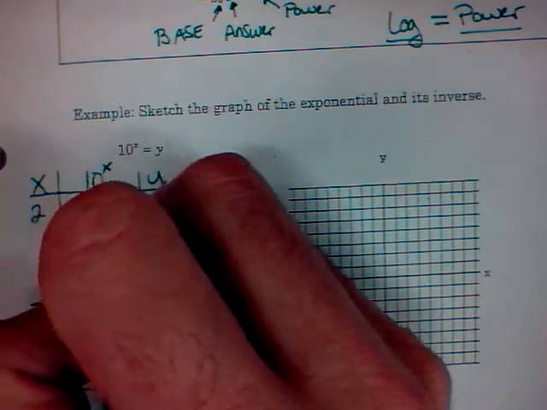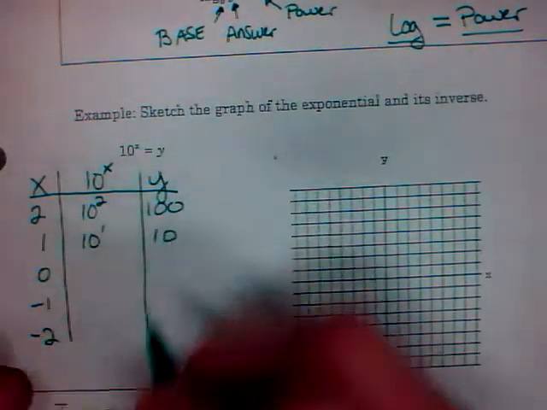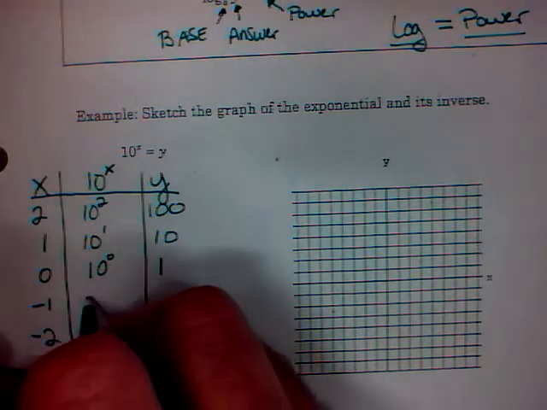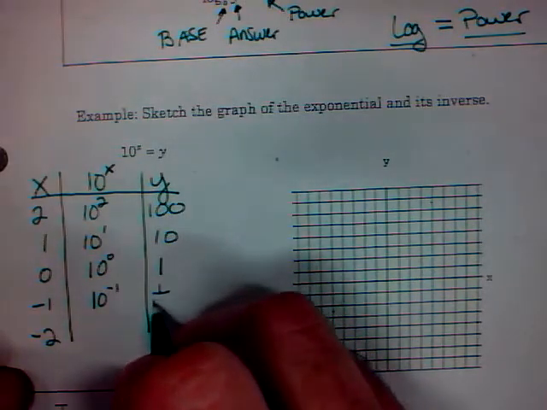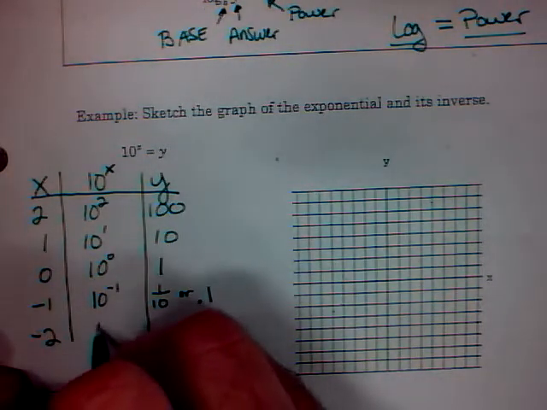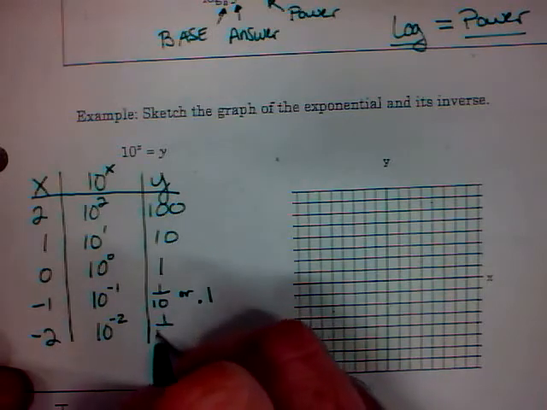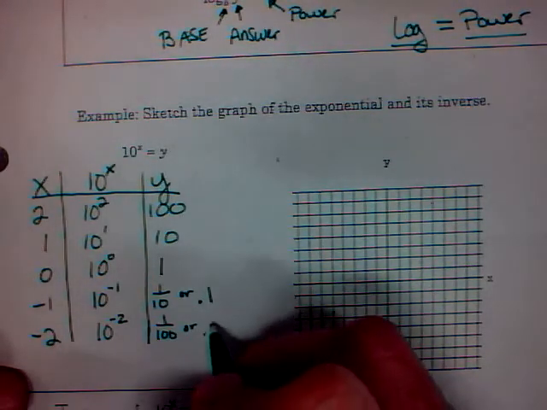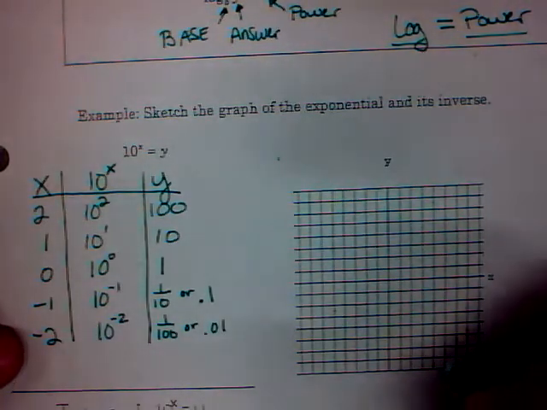So we've got 10 squared. We know that's 100. 10 to the first, we know that's 10. 10 to the 0, anything to the 0 is 1. 10 to the -1 gets you 1 over 10, or 0.1. And then 10 to the -2, that's 1 over 10 squared, or 1 over 100, which is the same as 0.01.